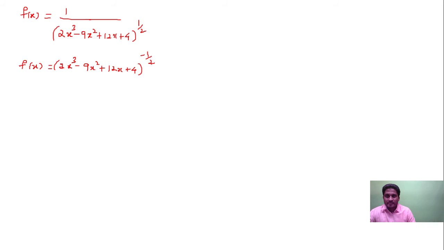Now if I differentiate, f dash of x is equal to minus 1 by 2 into 2x cube minus 9x square plus 12x plus 4 whole to the power of minus 3 by 2, times 6x square minus 18x plus 12.